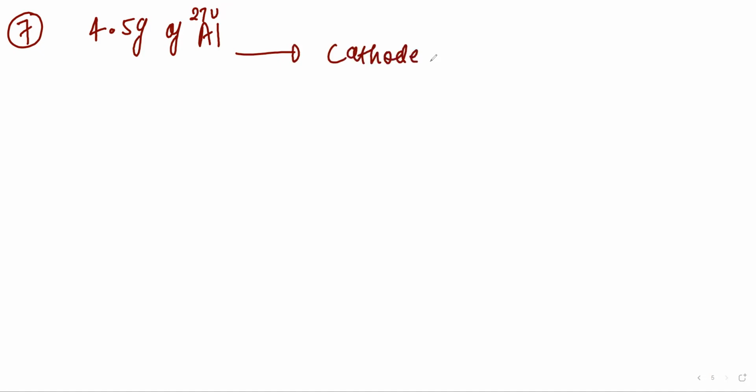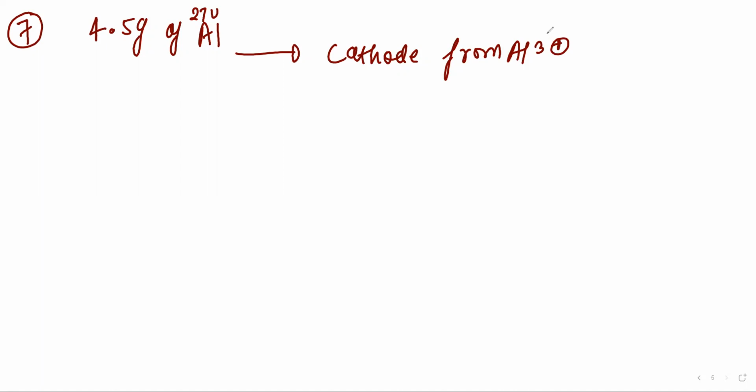Now look at the seventh question. 4.5 gram of aluminum, atomic mass is given, that is 27 u, is deposited at cathode from Al3 plus solution by a certain quantity of electricity.